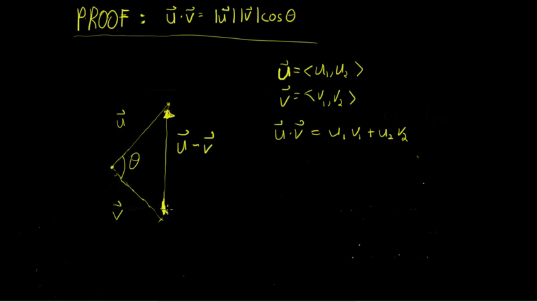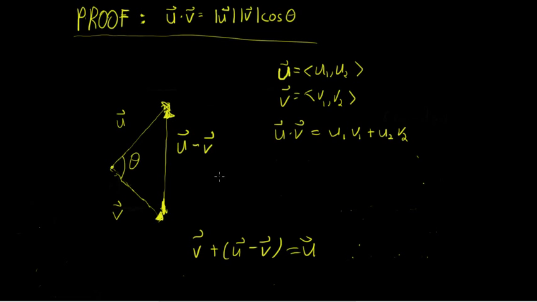To convince yourself of that, you can see that this is the tip of vector v, this is the tip of vector u minus v, and this is the tip of vector u. So v plus u minus v should give you u, right? And it does. When you add them tip to tail, v plus u minus v does indeed give you vector u.